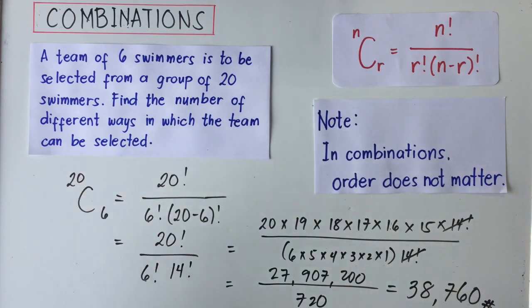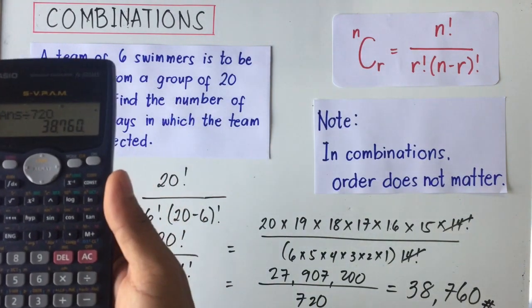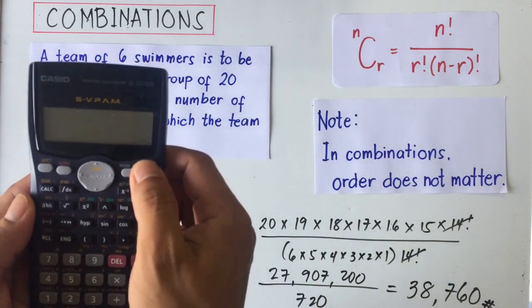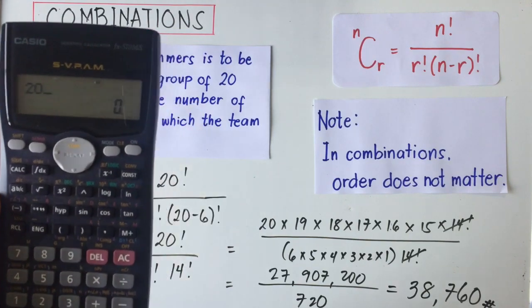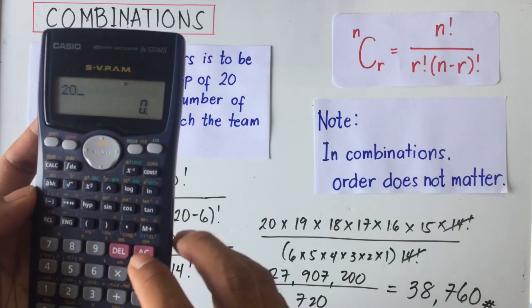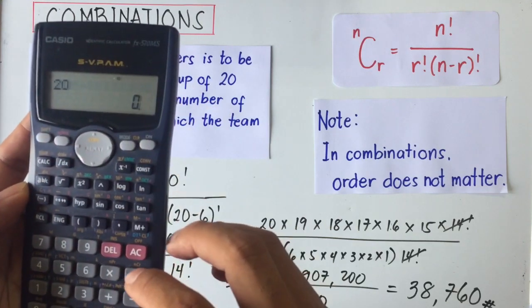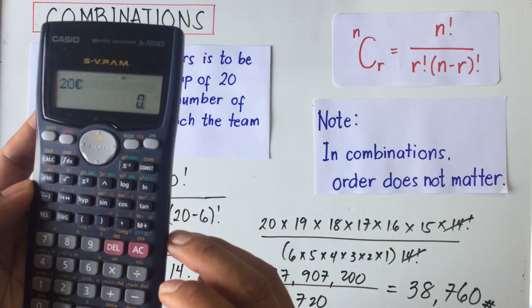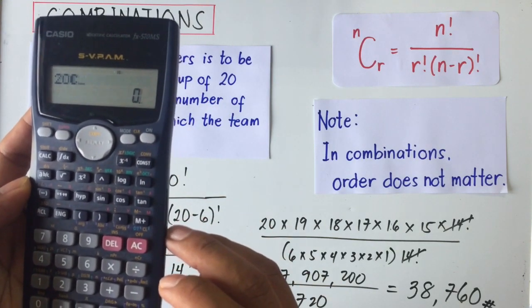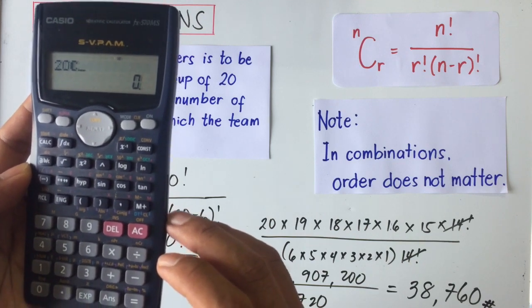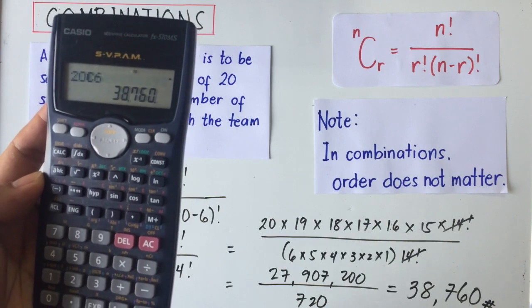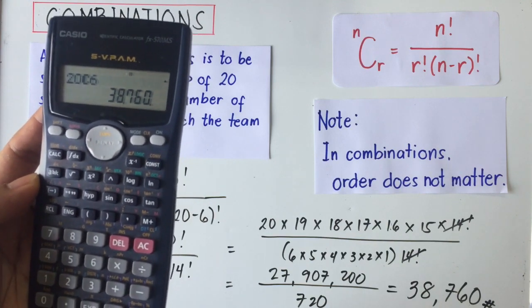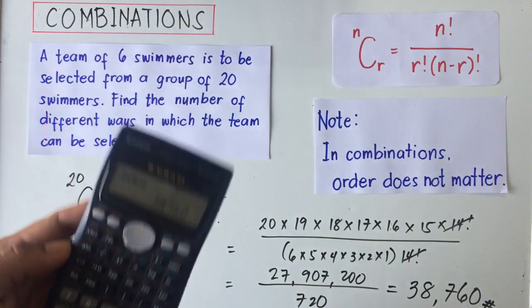If you are using an ordinary calculator like this, you will just put in 20, then press shift, then the division sign, you will get the C, then r is 6. You will get 38,760, which is the same as our answer.